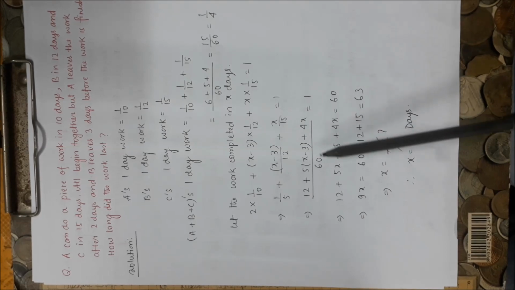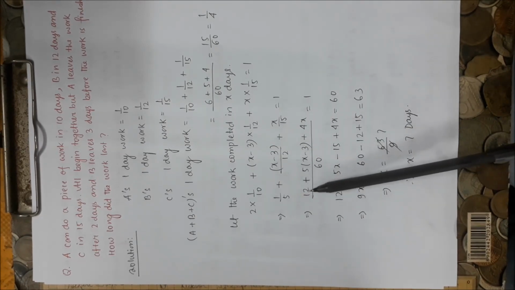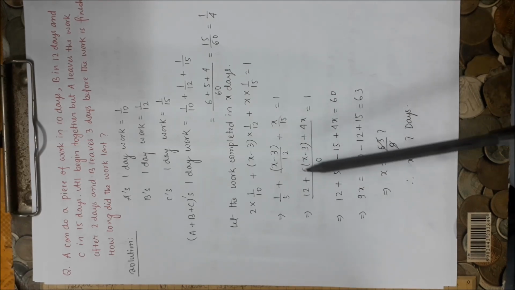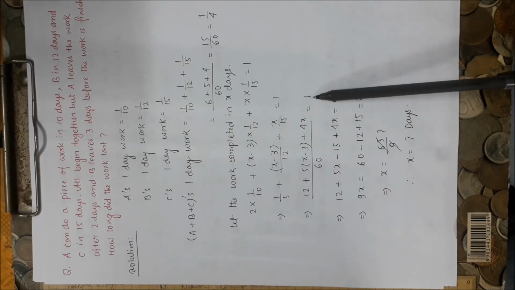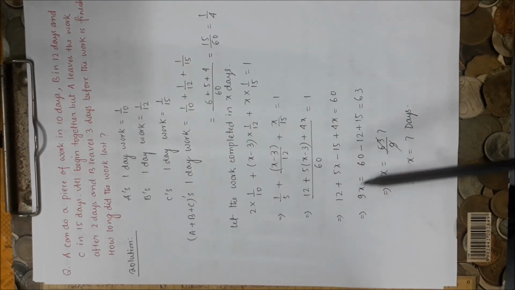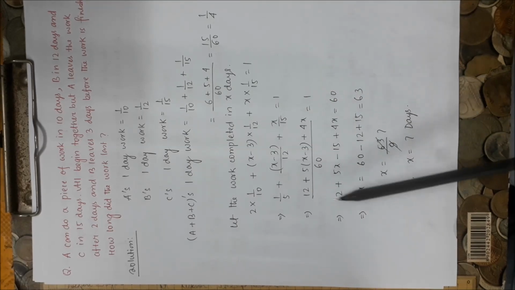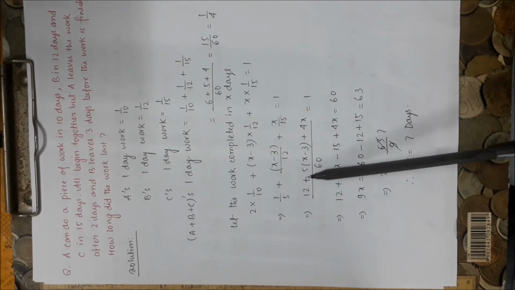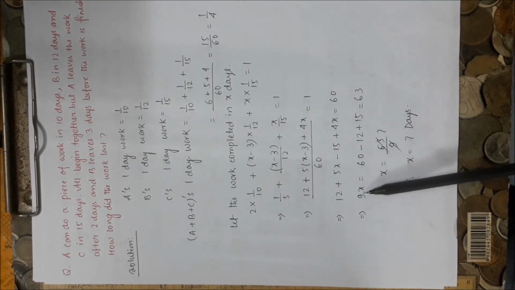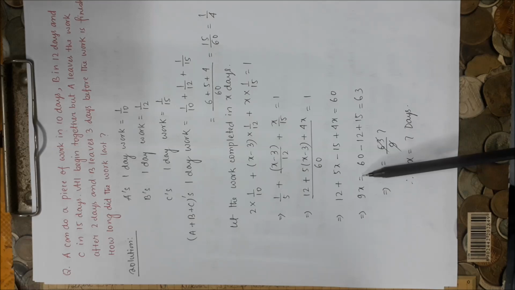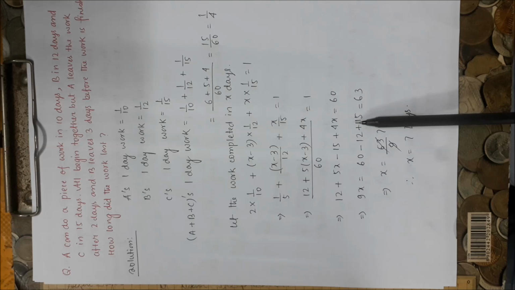The LCM of 5, 12, 15 equals 60. 60 divided by 5, 12, 60 divided by 12 equals 5, multiplied by X minus 3, plus 4X equals 1. If you cross multiply, you will get 1 into 60 equals 60. 12 plus 5X minus 15 plus 4X. 5X plus 4X equals 9X. 9X equals 60 minus 12 plus 15.